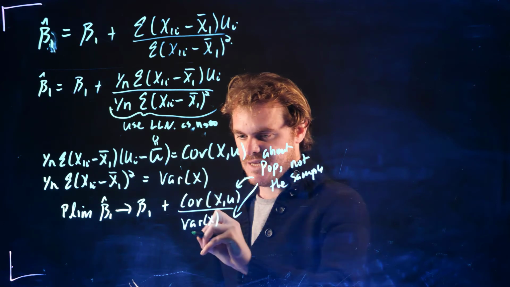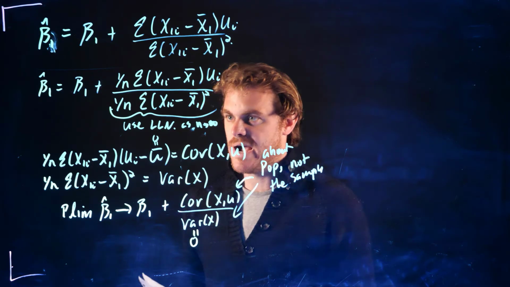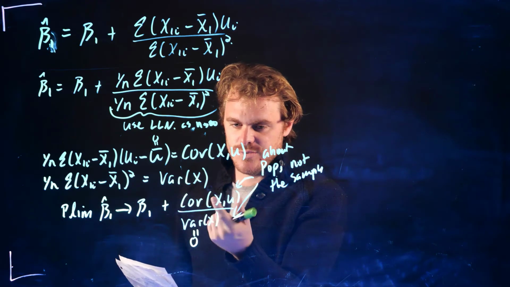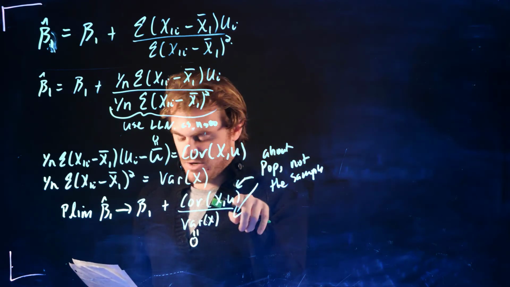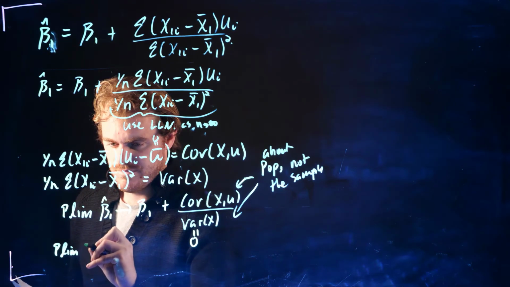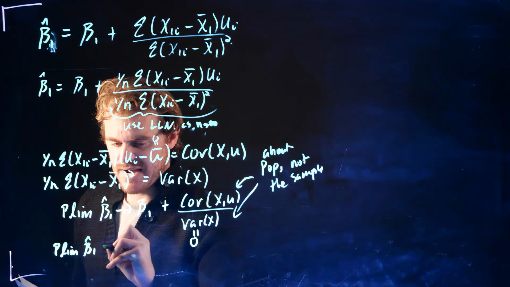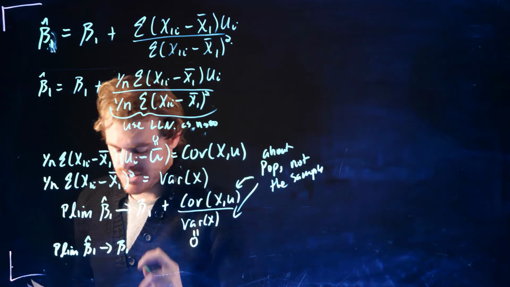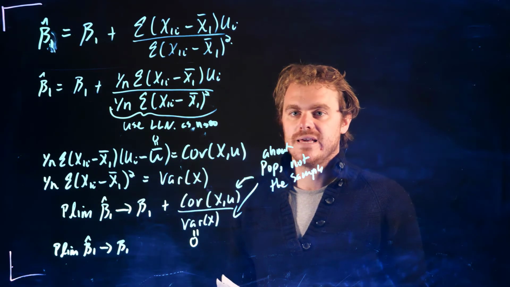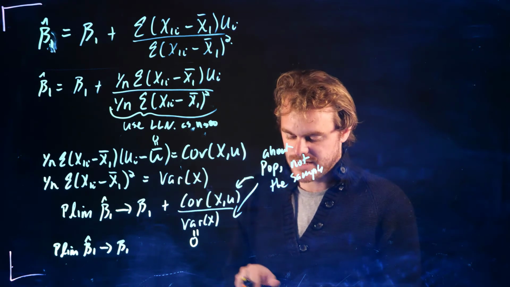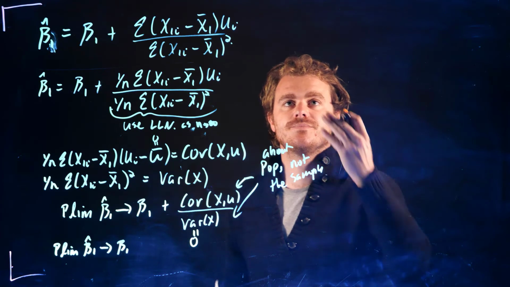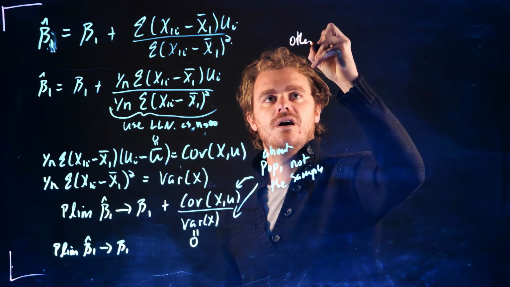And this is going to be equal to 0 by our assumption about the expectation of u given all the x's. There has to be 0 covariance. And so that's how we get that the p-lim of our beta hat 1 is equal to the true value. So we're getting this consistent estimator. In reality, we need a couple more assumptions.